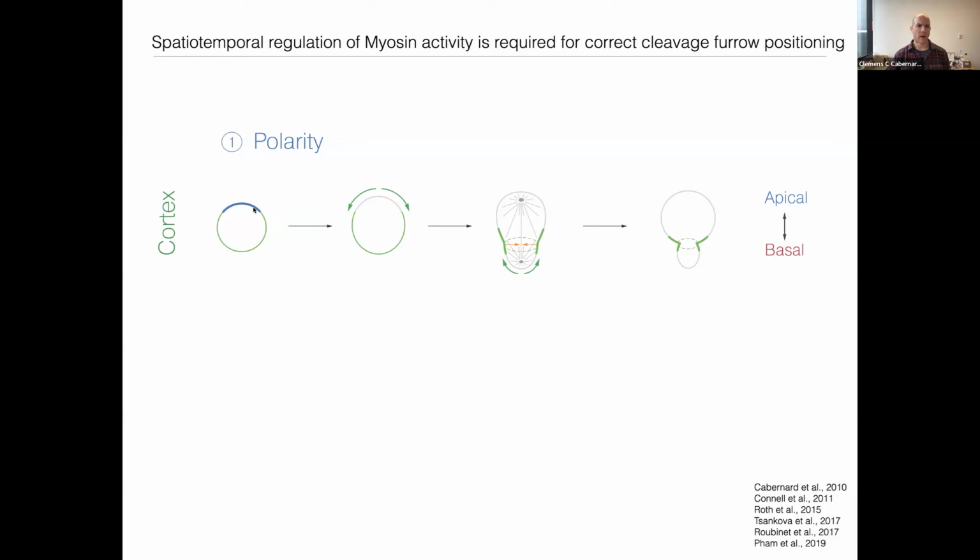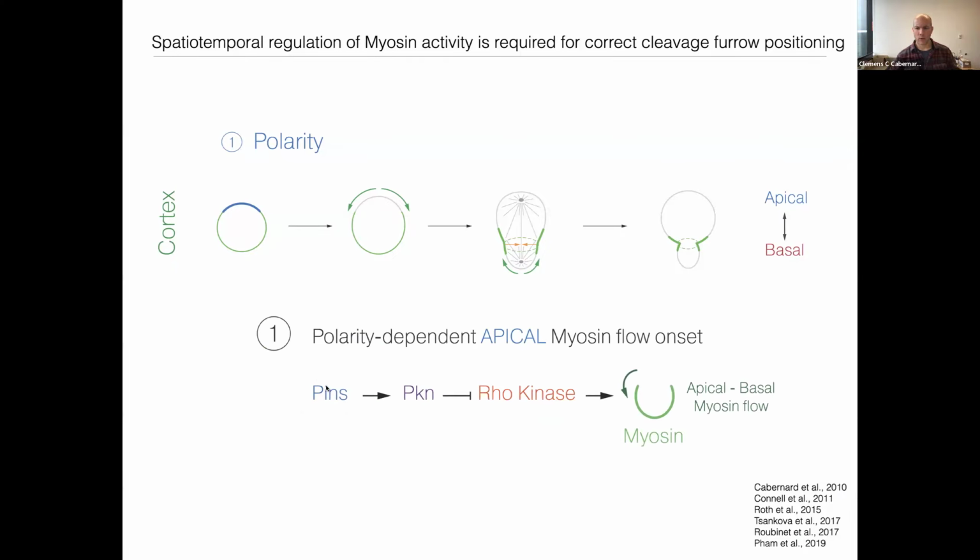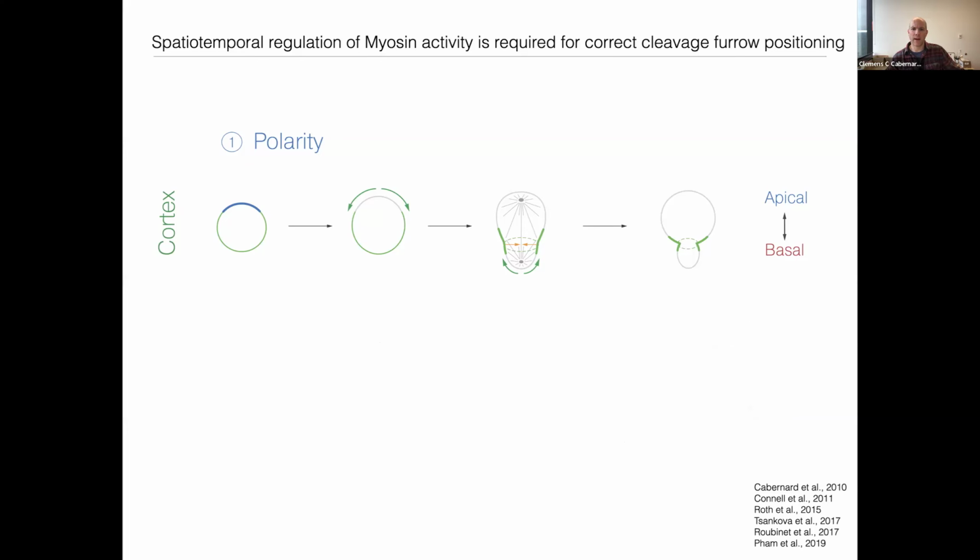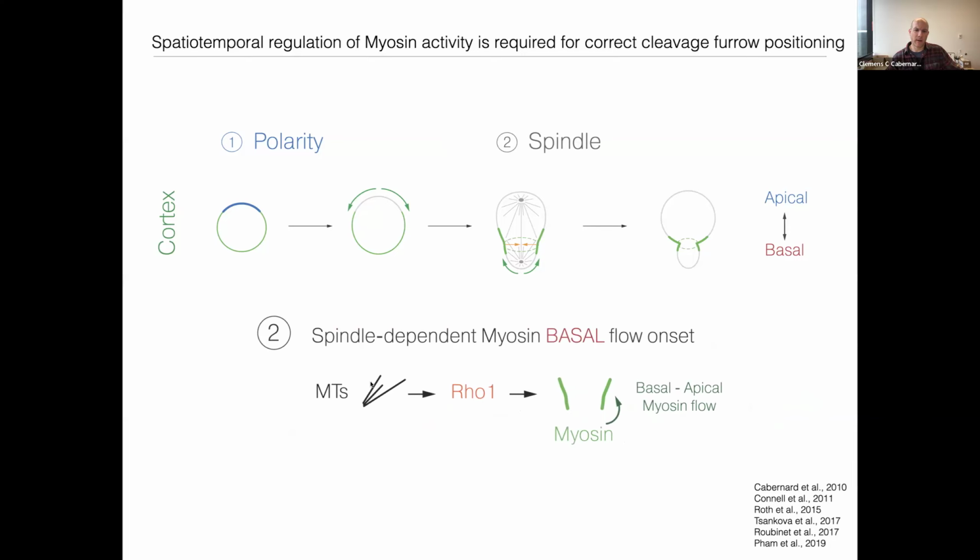On one hand, polarity cues starting with Pins, also corresponding to LGN or AGS3 in vertebrates, is recruiting a kinase called protein kinase N, which most likely downregulates Rho kinase, which we have heard before from Fiona, which then leads to a loss of activation of myosin in this apical cortex, and that results in a basally directed cortical flow whereby myosin flows towards the cleavage furrow.